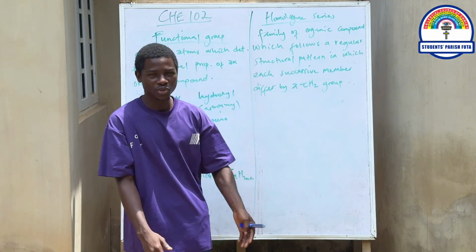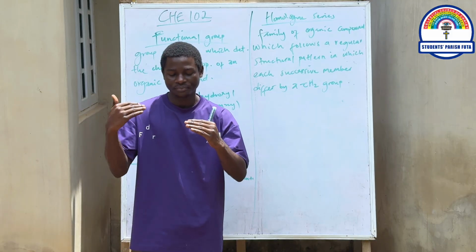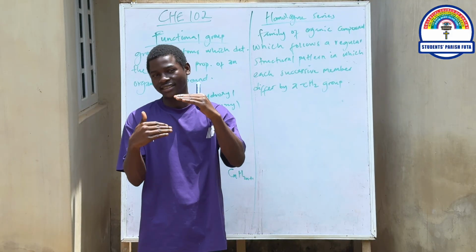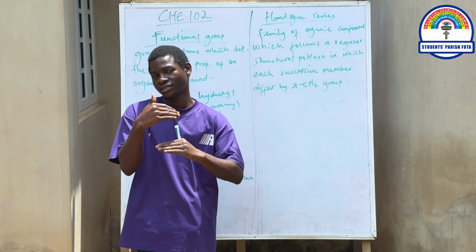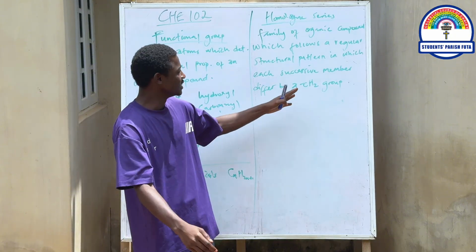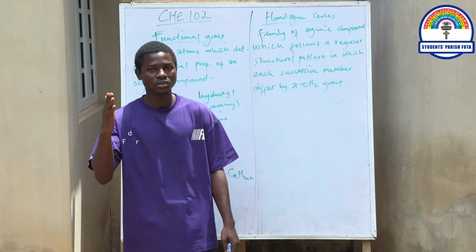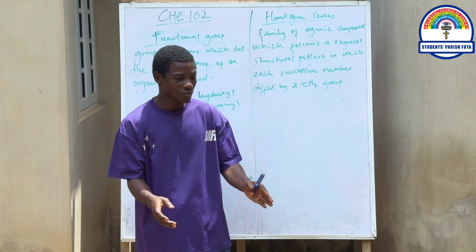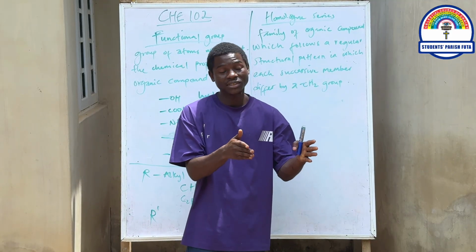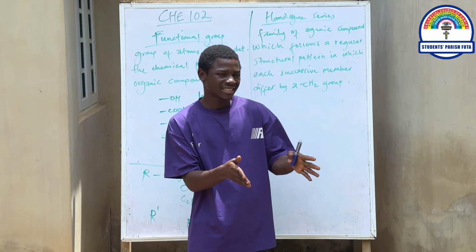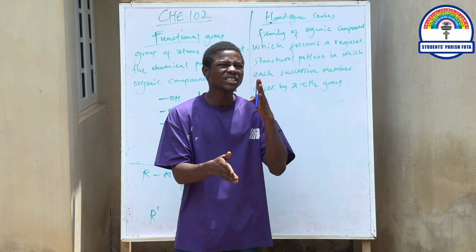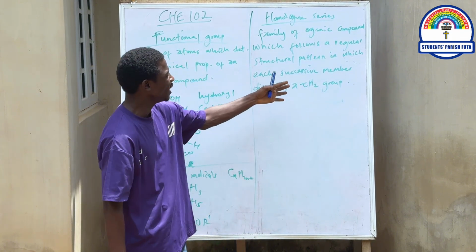Since we call it a family, there is the eldest, and the one that follows the elder. From the first born to the second born to the third born to the fourth born to the fifth born, there is a regular pattern. So if you pick the first and second born, what differs between the two of them is what differs between the second and the third born, and that's what we call a CH2 group.